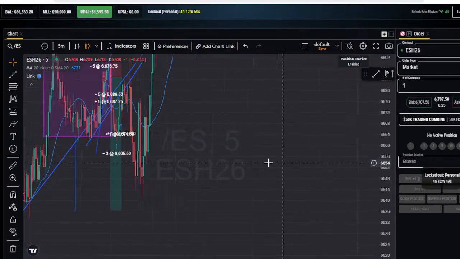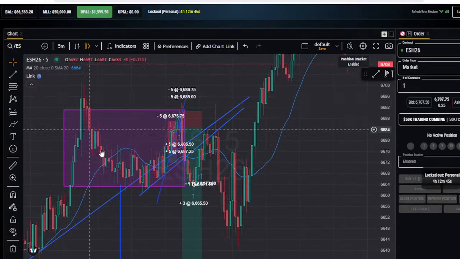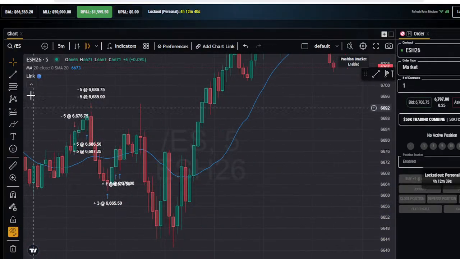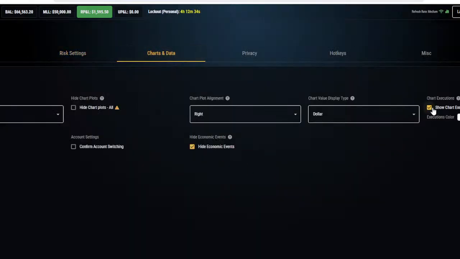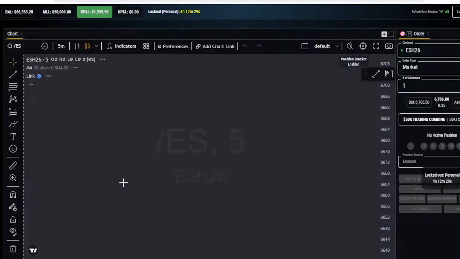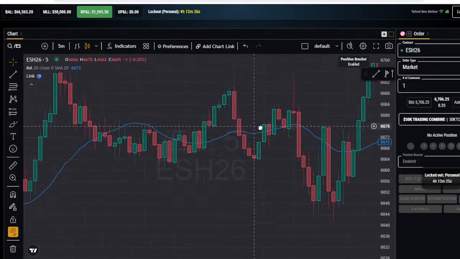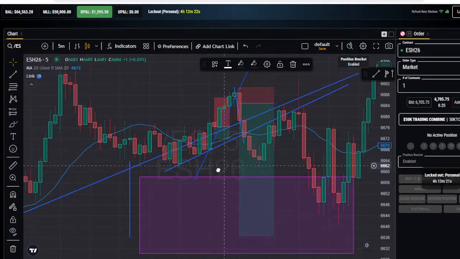So why did my trade fail here? We were in a trading range around the bottom. My bet was on a continuation of this channel here.